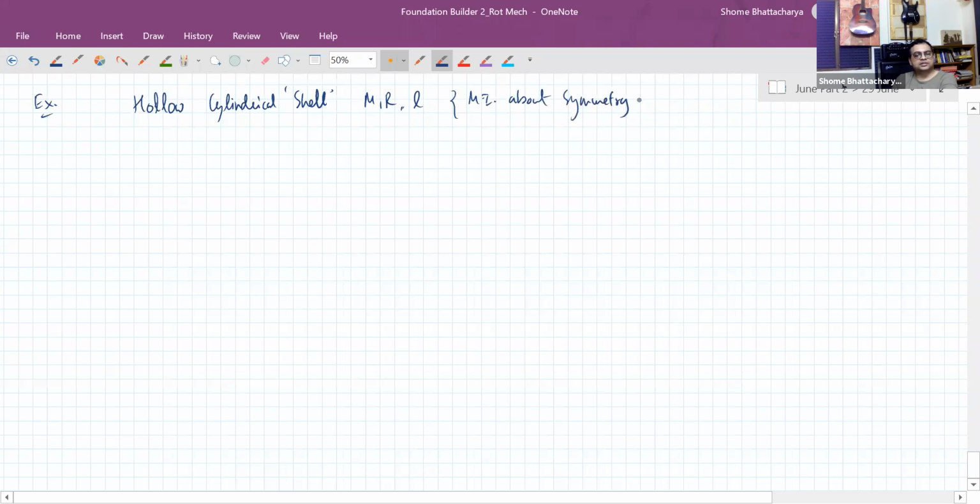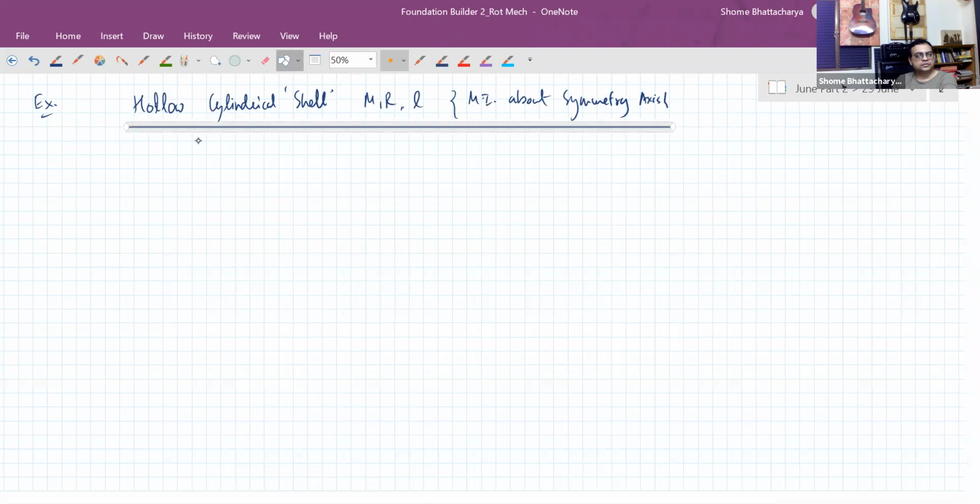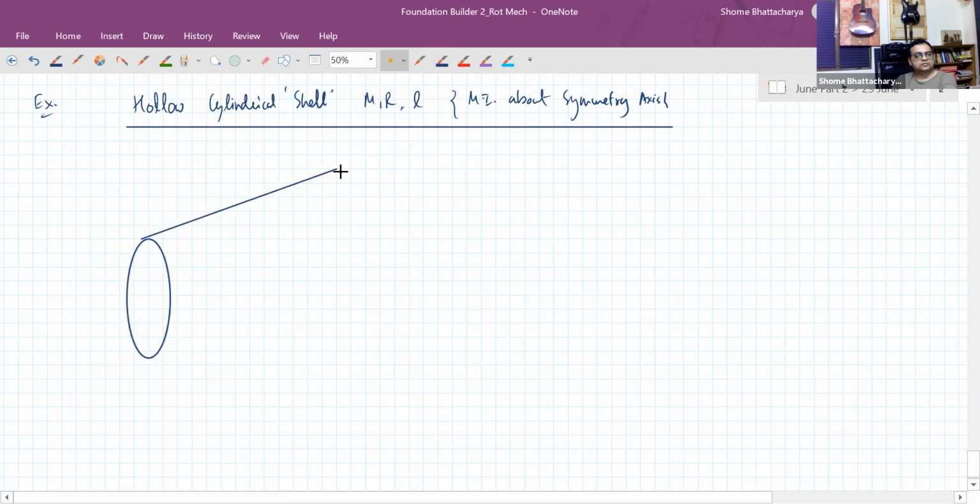It's very similar, but the difference is this time when we slice the hollow cylinder, instead of discs, we'll get rings. That's the only difference. So this is not solid from inside, it's hollow. It's got a thin crust, so it's not very thick.